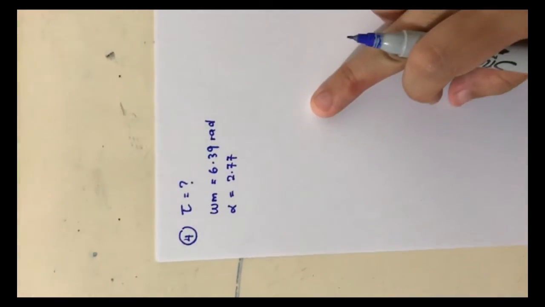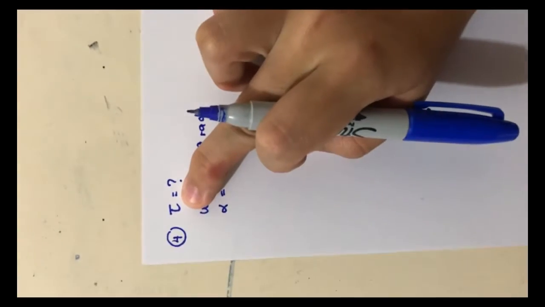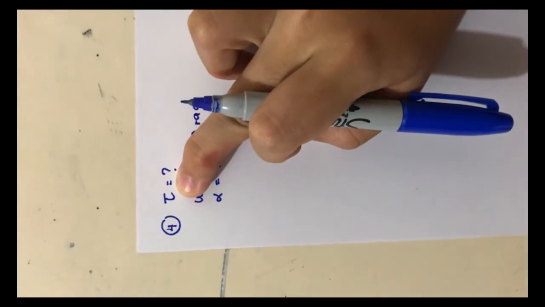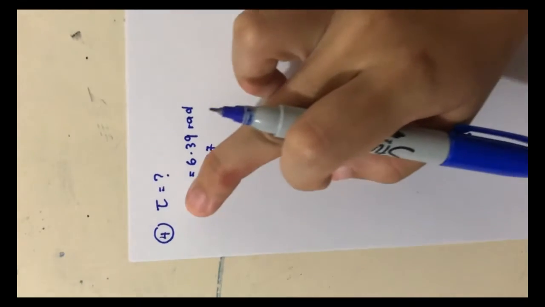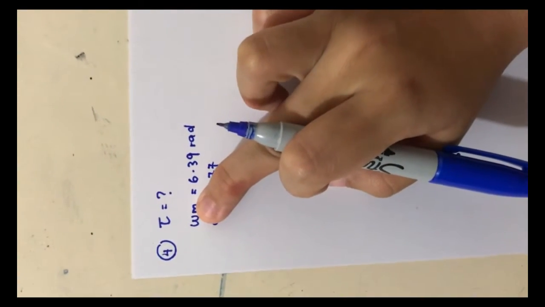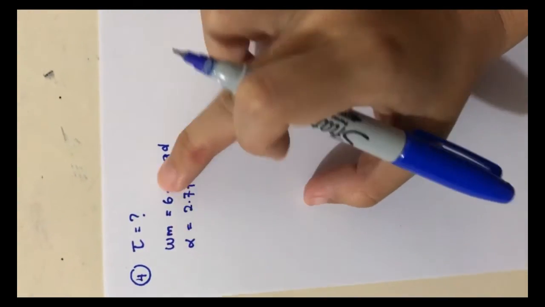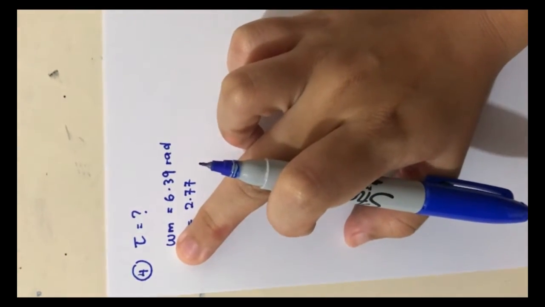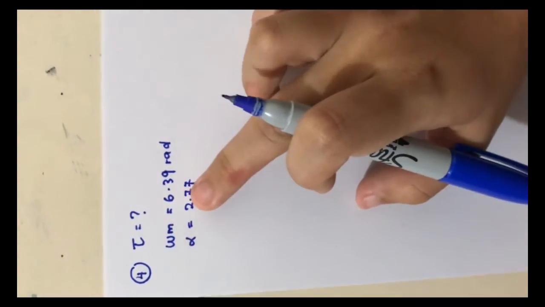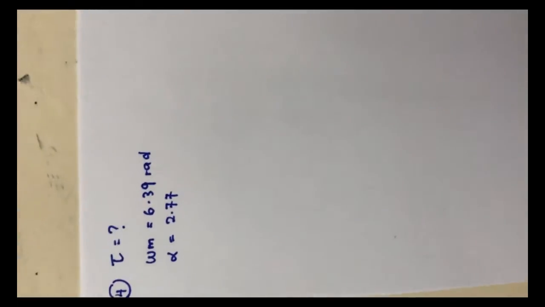Okay, so the formula, in order to find tau, we have to equate the gain crossover frequency in radian, which is omega m, with an equation.